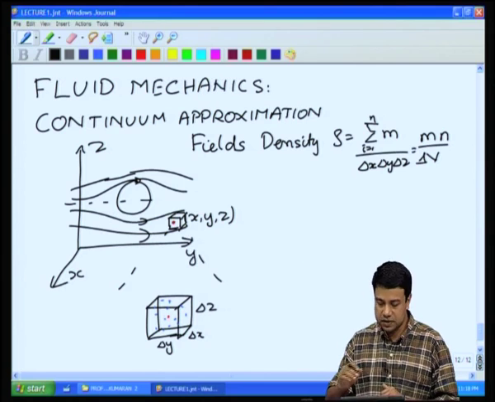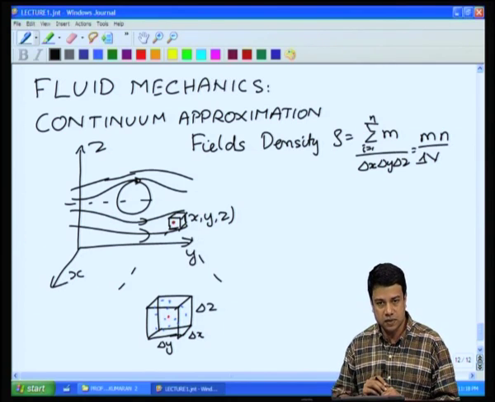So, this is the mass per unit volume in the limit as the volume goes to 0, as delta x, delta y and delta z become smaller and smaller, and the volume shrinks down to a point.